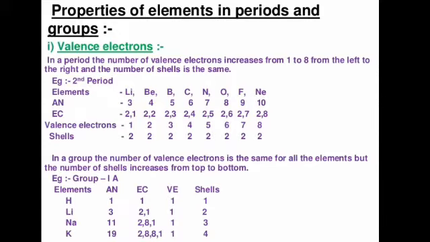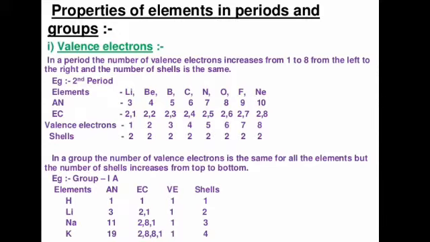The number of electrons present in the outermost shell of an atom is known as valence electrons. In a period, the number of valence electrons increases from 1 to 8 from left to right, and the number of shells is the same.